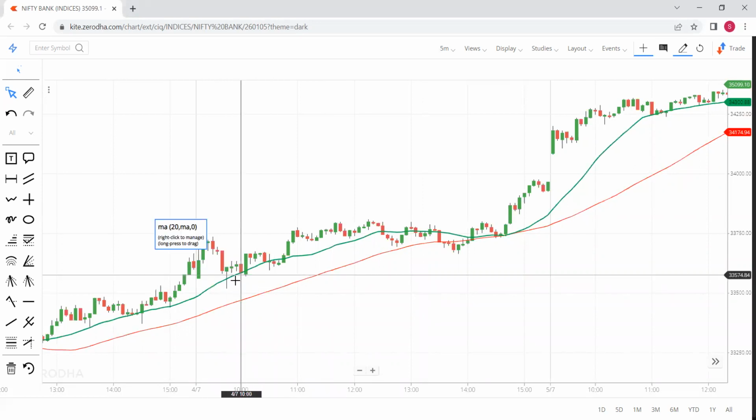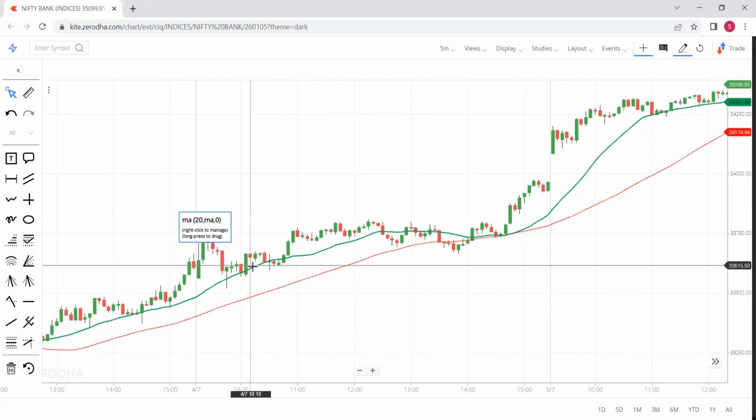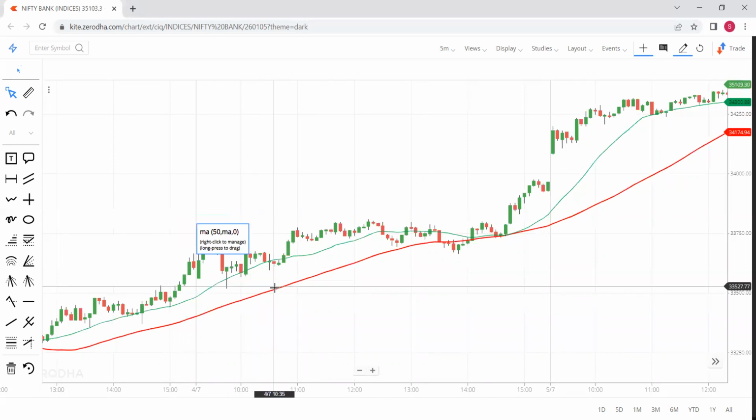You need to use the buy entry only if the 20 period moving average is above the 50 period moving average. And the second important thing is both should be rising up.